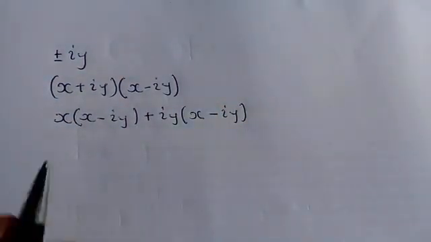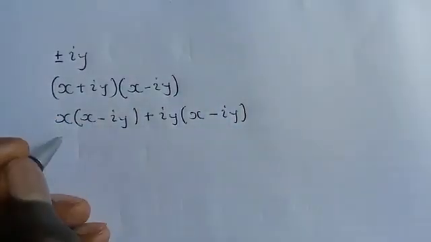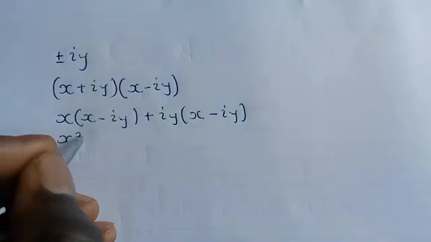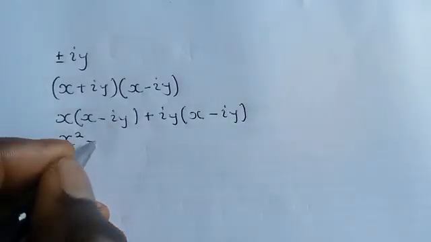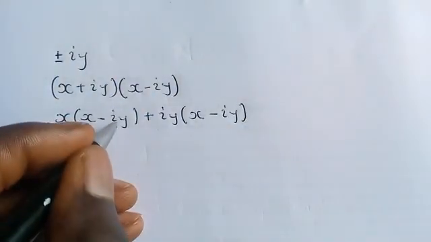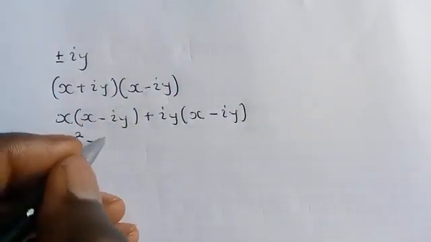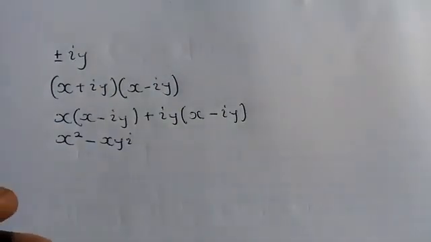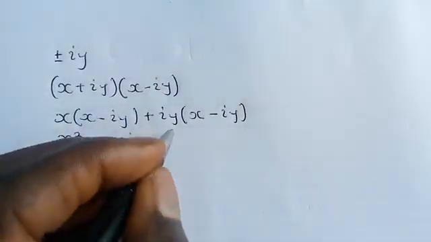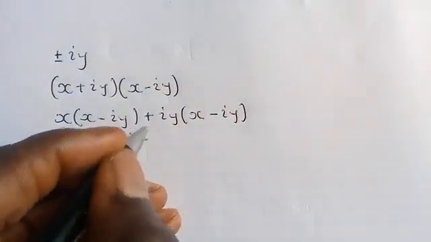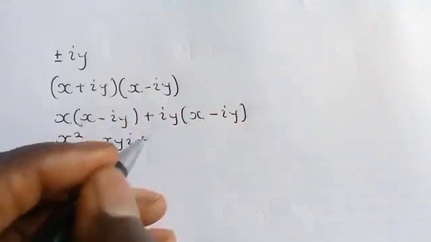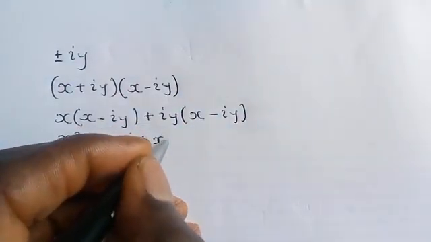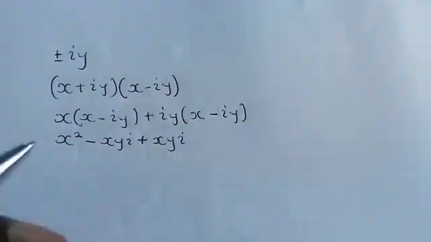So opening this, we are going to have x times x giving us x squared, right? Minus x times iy will give us xyi. Then we move to this second part, plus iy multiplying x will give us xyi.